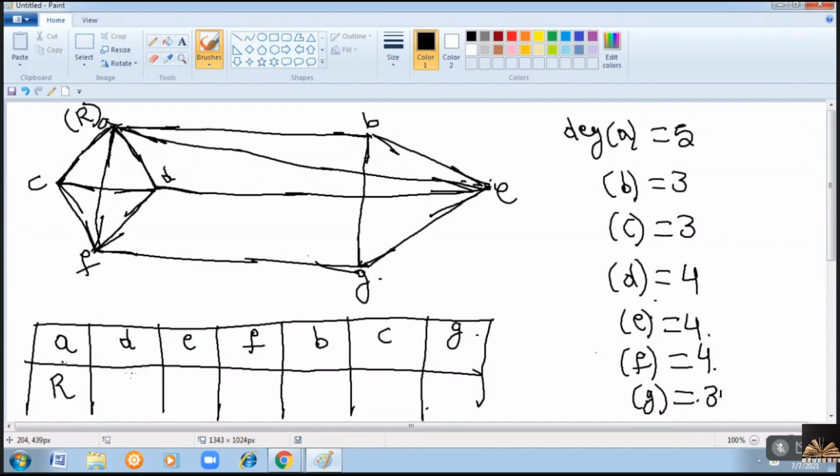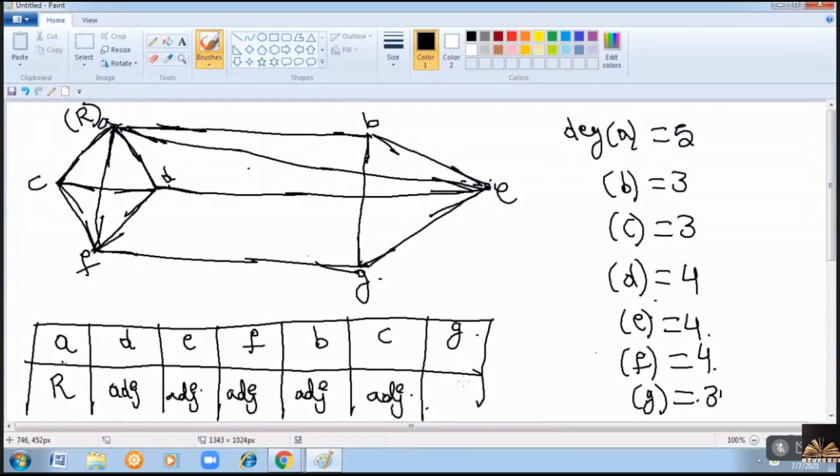D is adjacent, so you cannot color it with red. E is also adjacent to A. Next comes F. F is also adjacent to A. B is also adjacent. Next comes C. C is again adjacent. Next comes G.